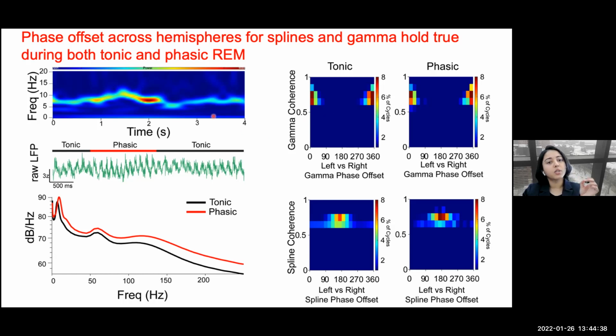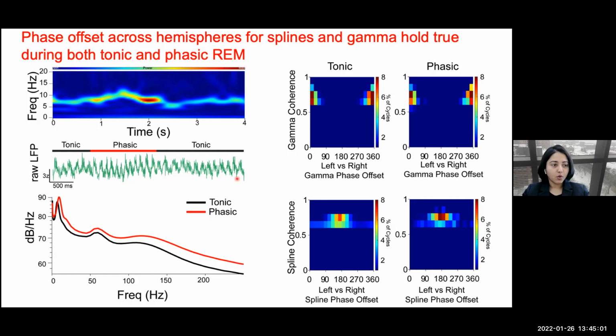So that is manifested with increased power in both theta and higher frequencies. Behaviorally, you see more activation in terms of twitches and rapid eye movement. And in terms of electrophysiological signatures, you see increased power in both theta rhythms and these fast oscillations.